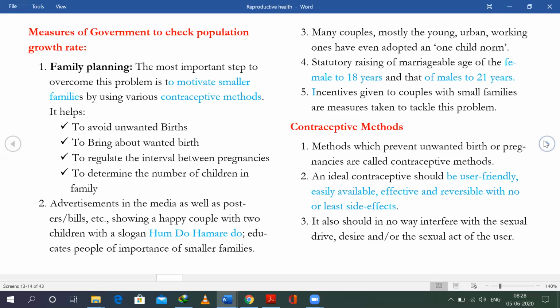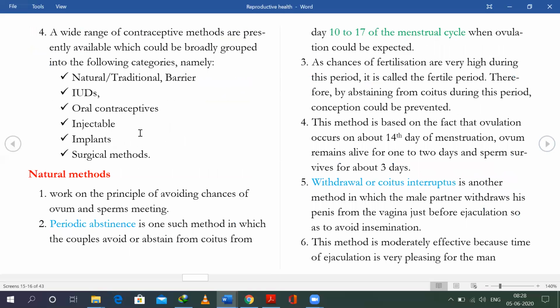And as well, these contraceptives have been put into various broad categories. What are these categories that we have, right? A wide range of options is available for the couples involved. People who are planning to go for contraceptives have a broad range of methods they can go for based on their individual need.